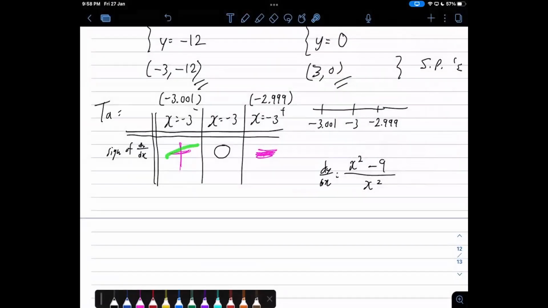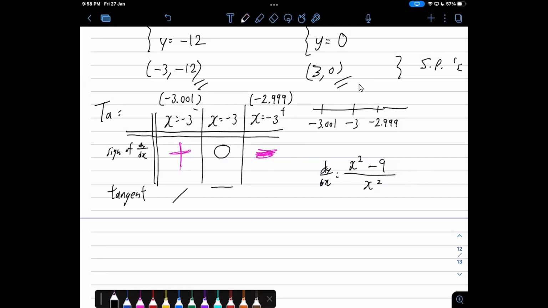Now go back to the iPad screen. Yeah, the plus and minus. Just now you couldn't see, now you can see. Right? Good. Draw the tangent line now.